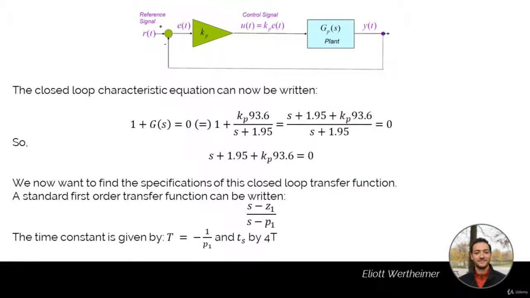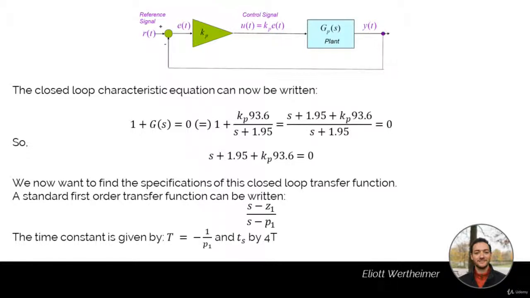The characteristic equation is essentially the equation that tells us a lot about the behavior of the system. So from this, I'm sure you can guess that it is essentially the way to find the poles of the closed loop transfer function. So the closed loop characteristic equation is actually 1 plus G(s) equals 0, which is the denominator of the closed loop transfer function equal to 0.